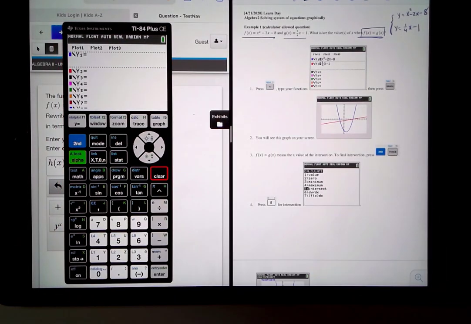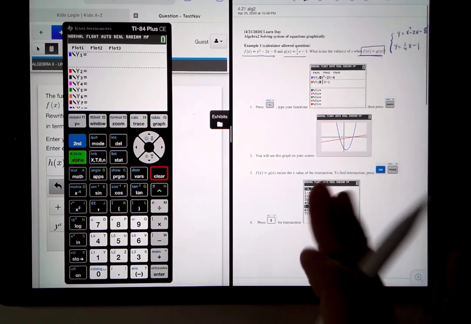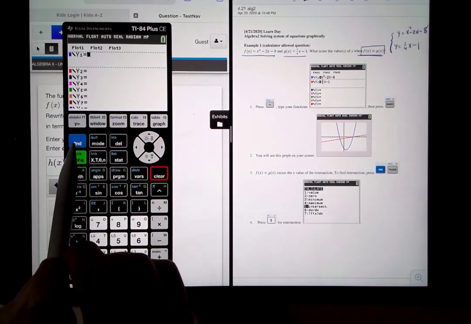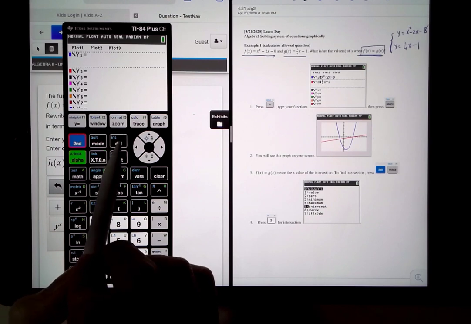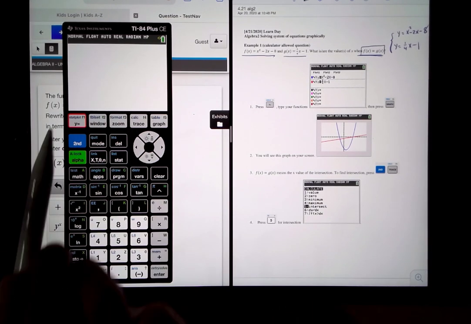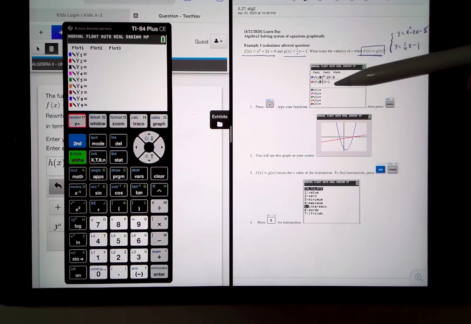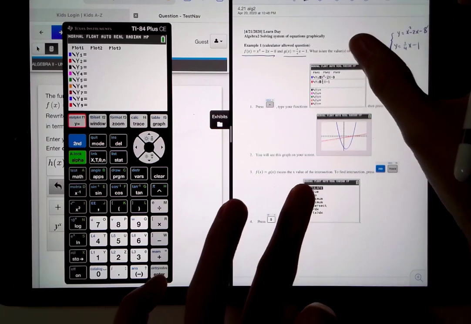So first, what do you need to do? Press Y equals. When you start, you will have a blank screen, but you just press Y equals, then you will see this, right? And then we need to type the function.